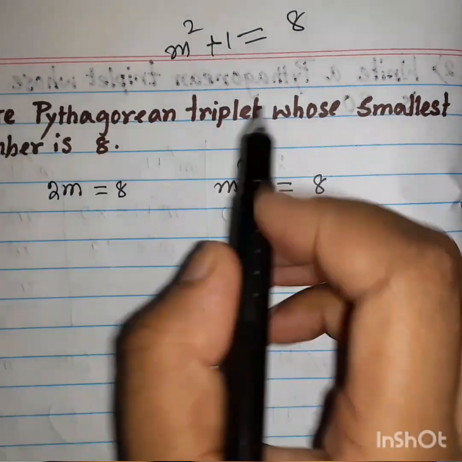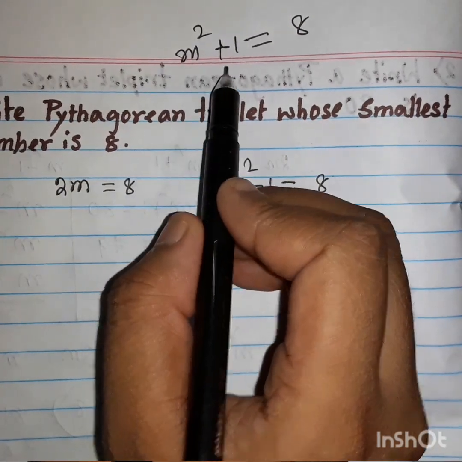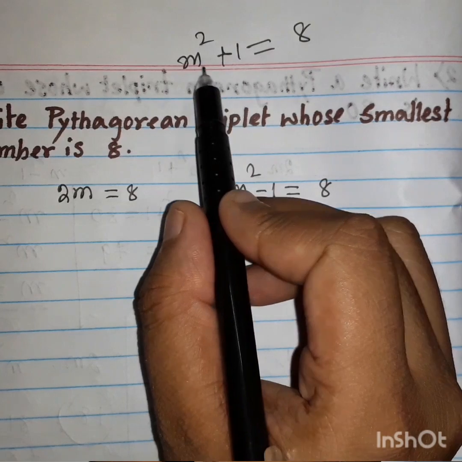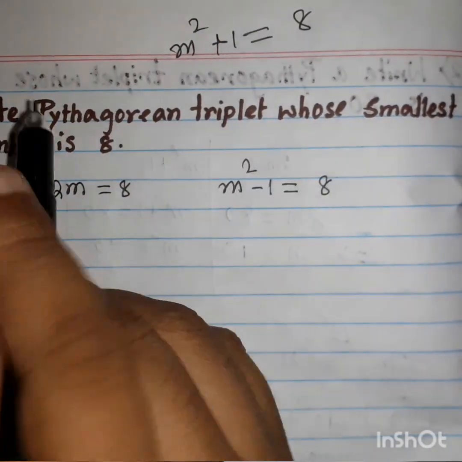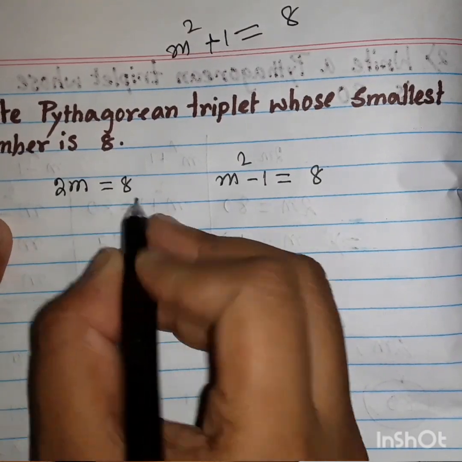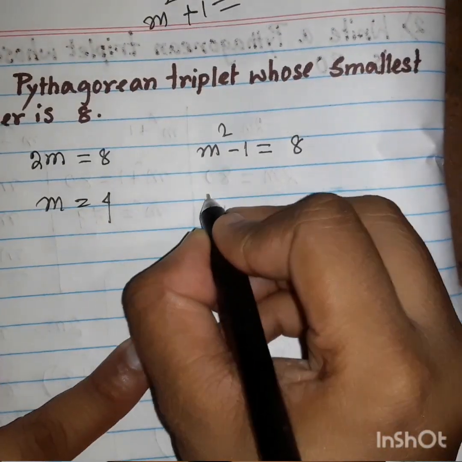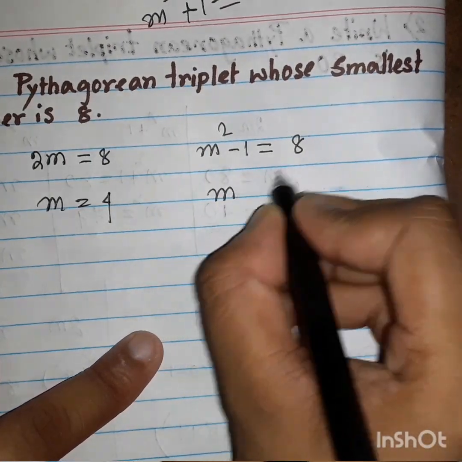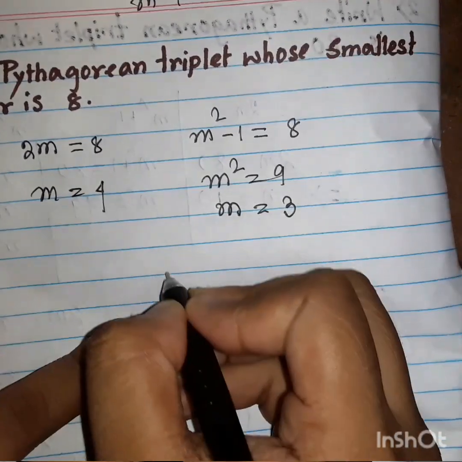It's very obvious that m square minus 1 must be smaller than m square plus 1. That's why we can't put m square plus 1 equal to 8. Okay, so by putting 2m equal to 8, we have m equal to 4, and by putting m square equal to 9, we have m equal to 3.